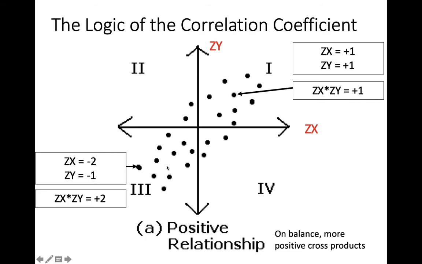Interestingly, what happens when we take the cross product of a negative z-score with another negative z-score? Multiplying a negative by a negative gives us a positive. So by taking the cross products, that allows us to capture the pattern of data, such when the scores fall in this first quadrant, deviating positively from the mean on both, that is high scores.